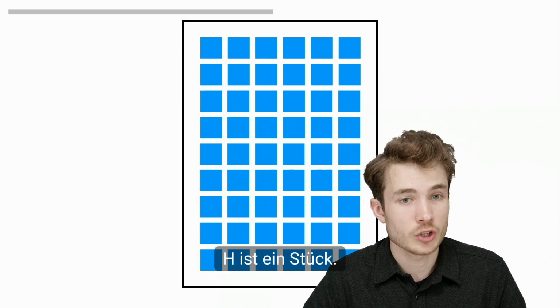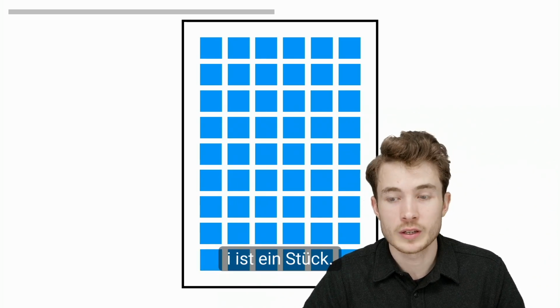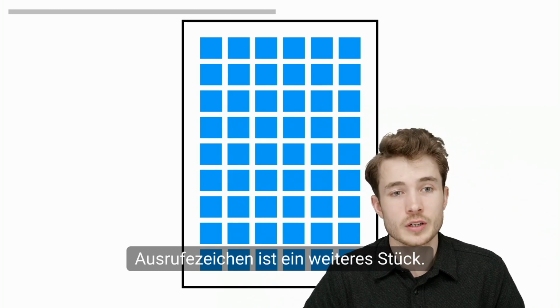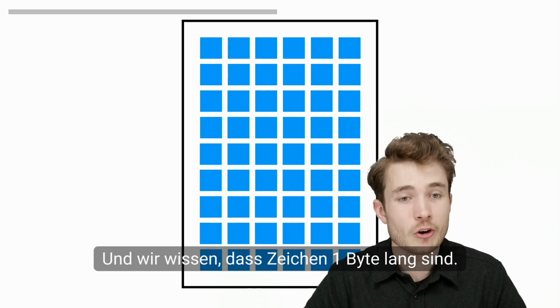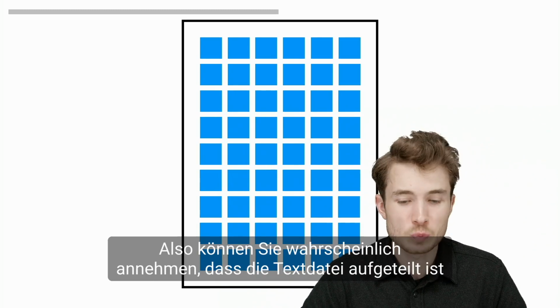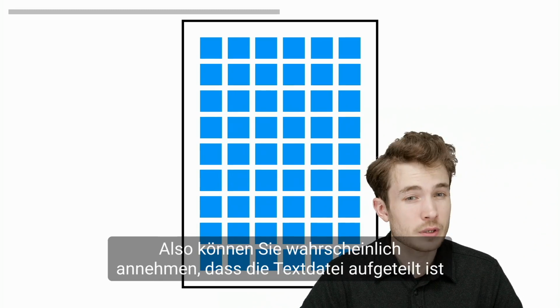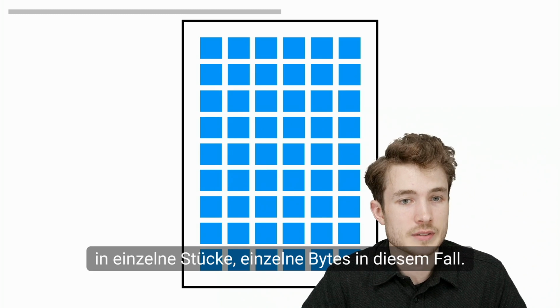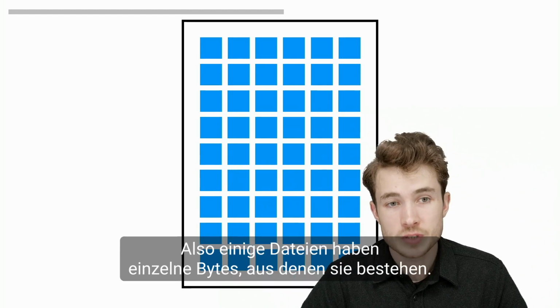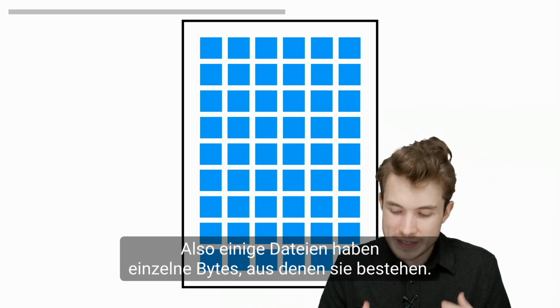H is 1 chunk, i is 1 chunk, exclamation point is another chunk. And we know that characters are 1 byte long, so we could probably assume that that text file is broken up into individual pieces, individual bytes in this case. So some files do have individual bytes that make them up.